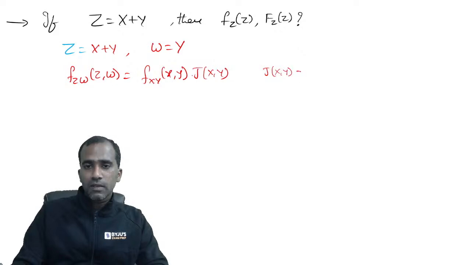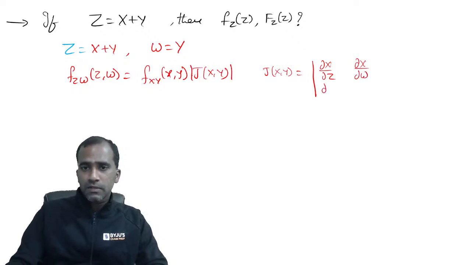I'll reiterate the formula once: dou x by dou z, dou x by dou w, and there is a det for this because we want only positive values here, dou y by dou z. I'm just rewriting the formula from the previous page so that we can use it.